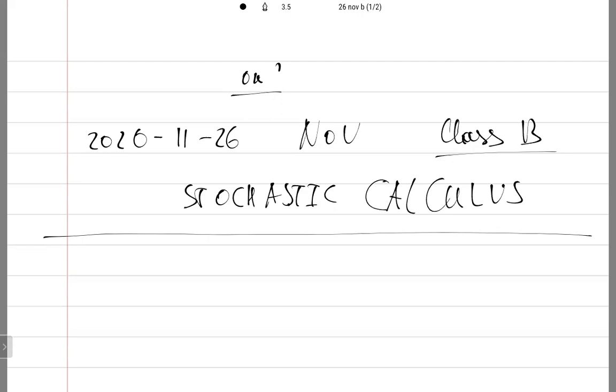You can read Shreve, you can read Zastawniak, you can read Baldi. There are a lot of good books on stochastic calculus, much better than my handwritten notes. My only advantage over these great books is that I can answer a question. That's my unique advantage. So be brave, don't be shy.